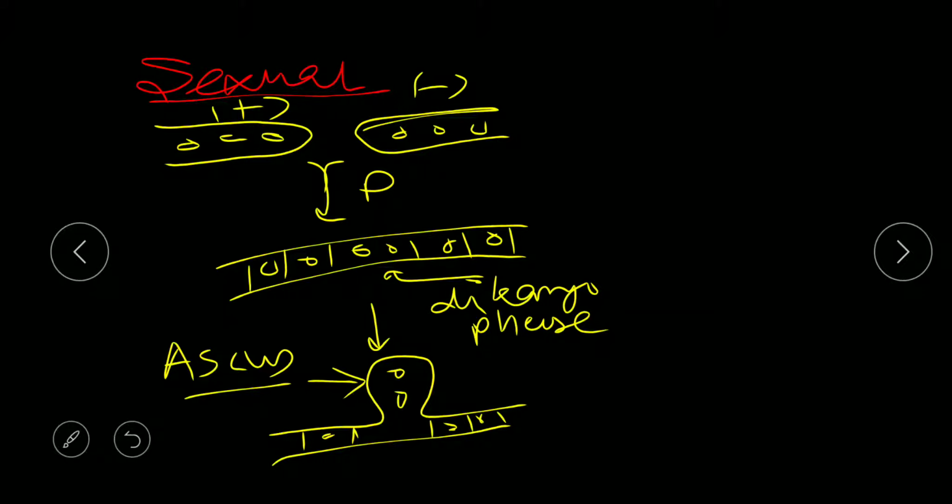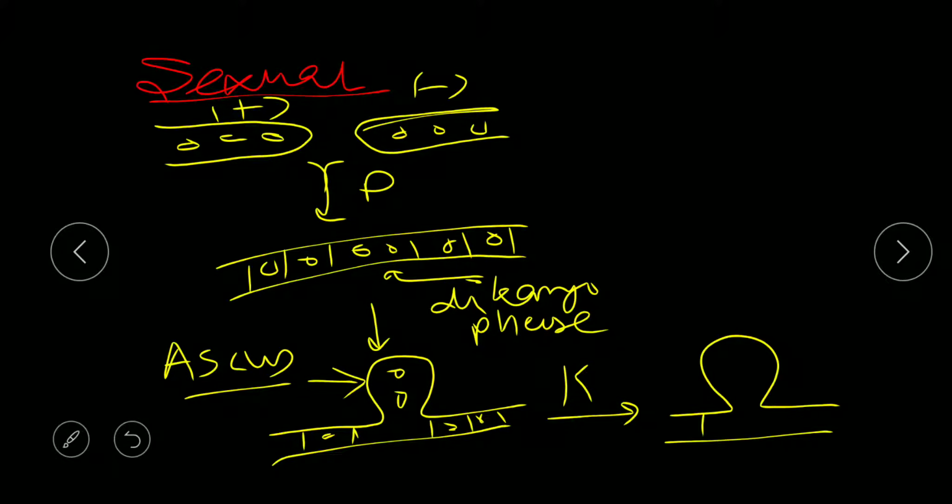Now in this ascus, karyogamy will happen, forming a diploid structure within it.